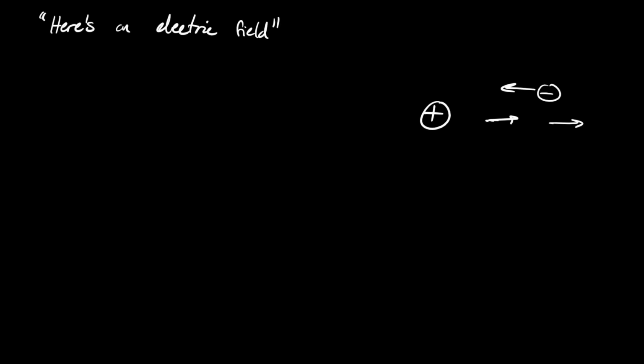How can we see that from just the electric field arrows? So how can we understand why the electron moves left, even though the arrows are pointing to the right?